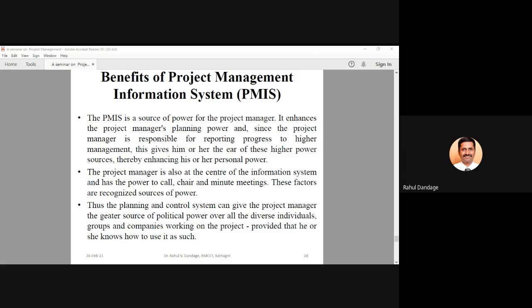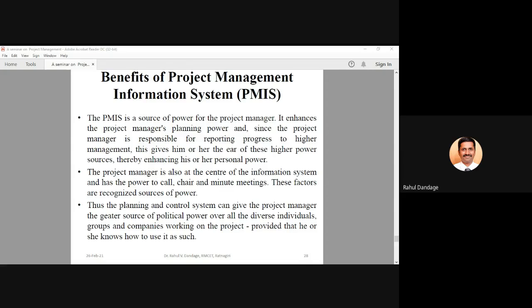So the project manager will be at the center of this all information system, because everything will be received by him and everything will be transferred to the higher authorities by him. So he can call meetings, he can chair meetings, he can go for minutization of the meetings. All these facilities will be provided in this project management information systems.